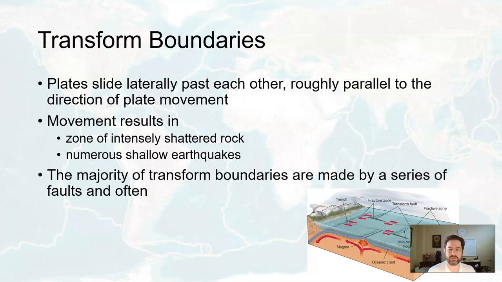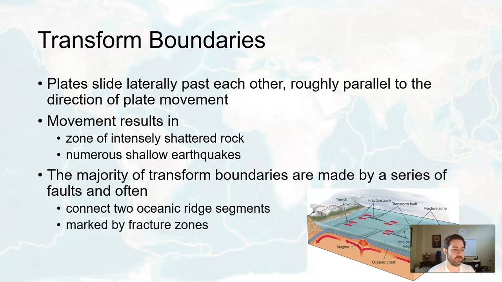The majority of transform boundaries are made by a series of transform or strike-slip faults, I should say, and they often connect two oceanic ridge segments and are marked by fracture zones. So again, looking at the mid-Atlantic ridge, the divergent spreading areas are kind of staggered, and what connects them one to the next are these transform faults, and the series of faults make up typically a boundary.